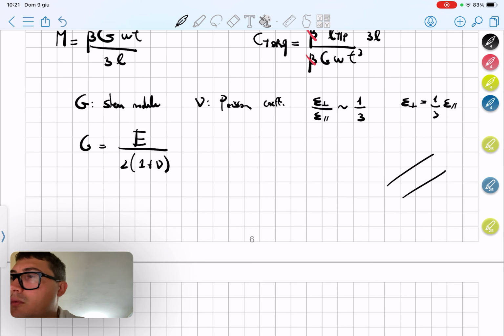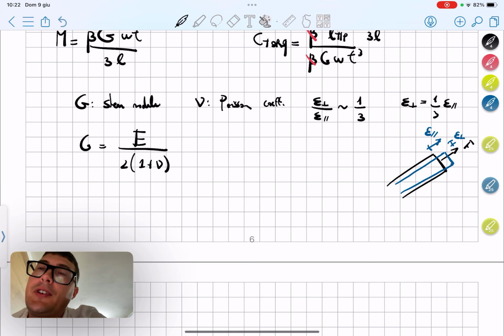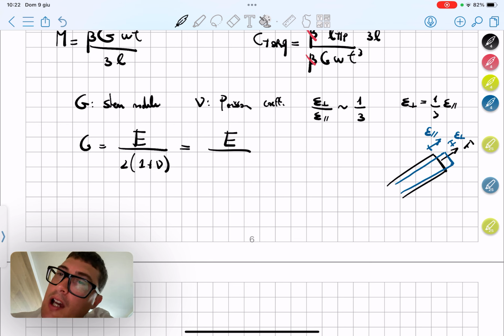If you have a beam and you apply a force, we get a displacement, a deformation, so it becomes longer but also shrinks, and this is called parallel strain because it's going in the direction of F, whereas this one is orthogonal strain because it goes orthogonally to the direction of the application of the forces. So the Poisson coefficient essentially measures this ratio between the longitudinal and lateral displacement of a structure under some forces.